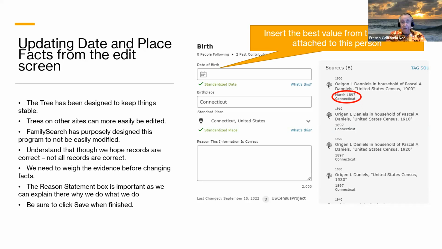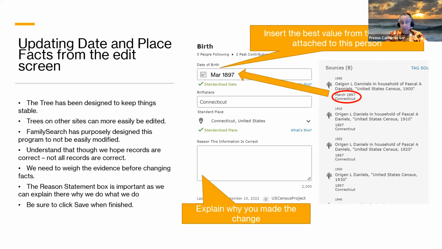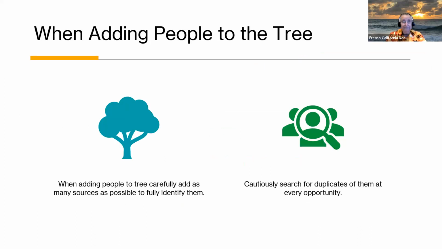We go and erase the old date. We put the new date in. And then we go and explain why we did it. The 1900 census provided March 1897 rather than just the year. And then, of course, click Save, even though I don't have Save on the screen this time.